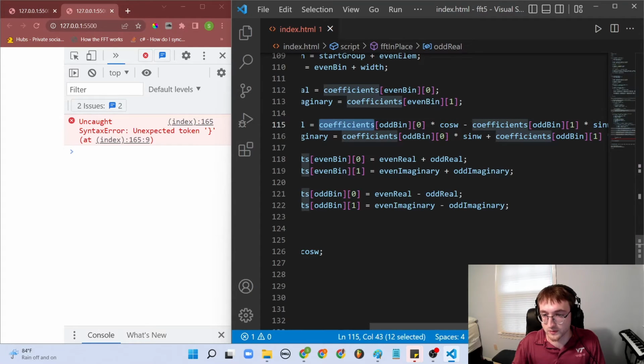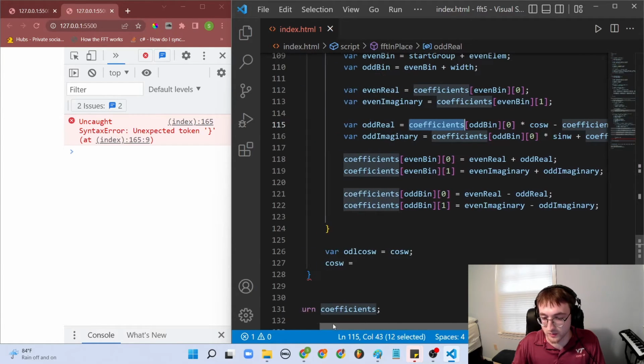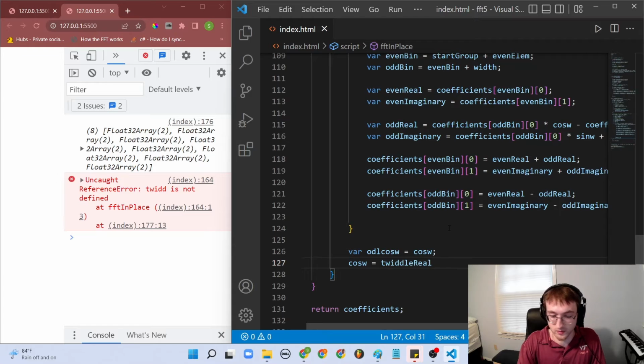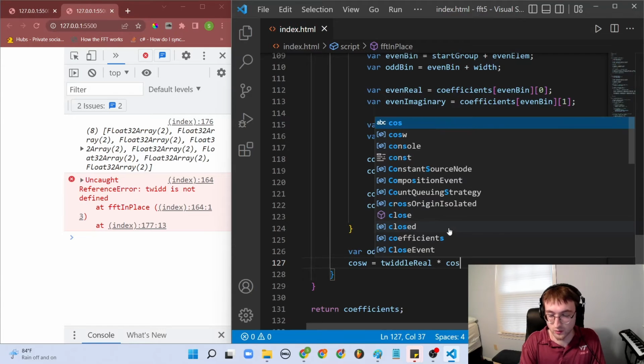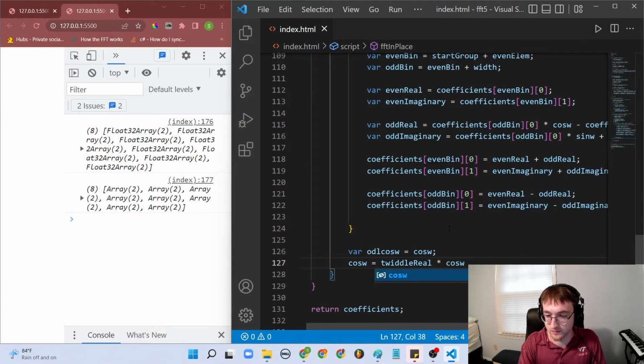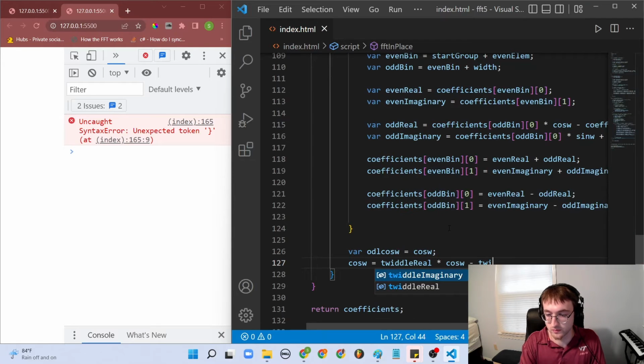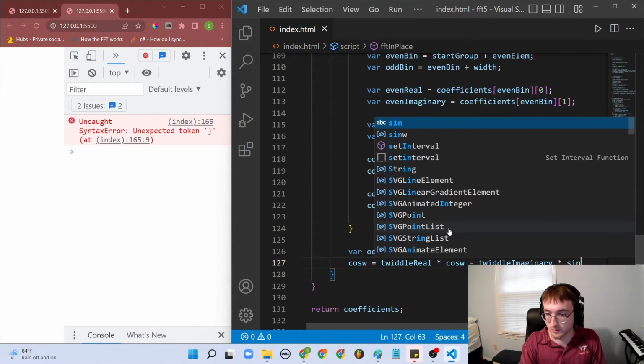So we've got x times cosine minus y times sine, right? So what is x in this case? Well, it's the twiddle real factor times cosine, and then minus the imaginary twiddle factor times the sine.